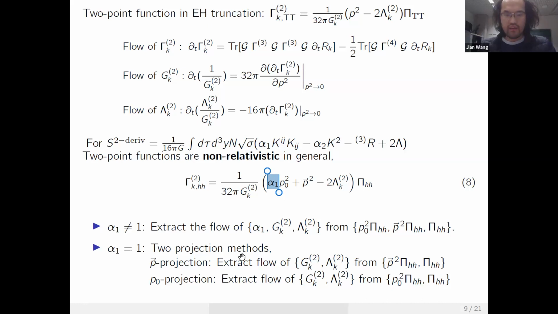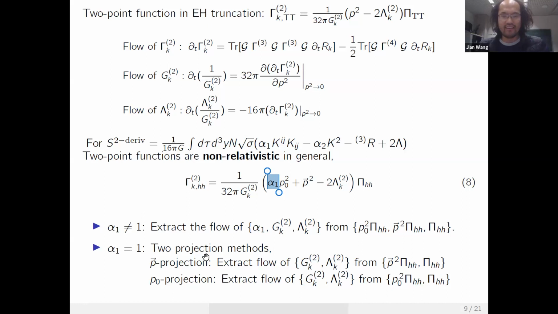We can also do the p0 projection, where we extract the RG flow of the Newton coupling from the time components of the 2-point function. In fact, if we can recover exactly the Lorentz symmetry for our theory, these 2 projection methods should give exactly the same results. So it doesn't matter which projection method we use.